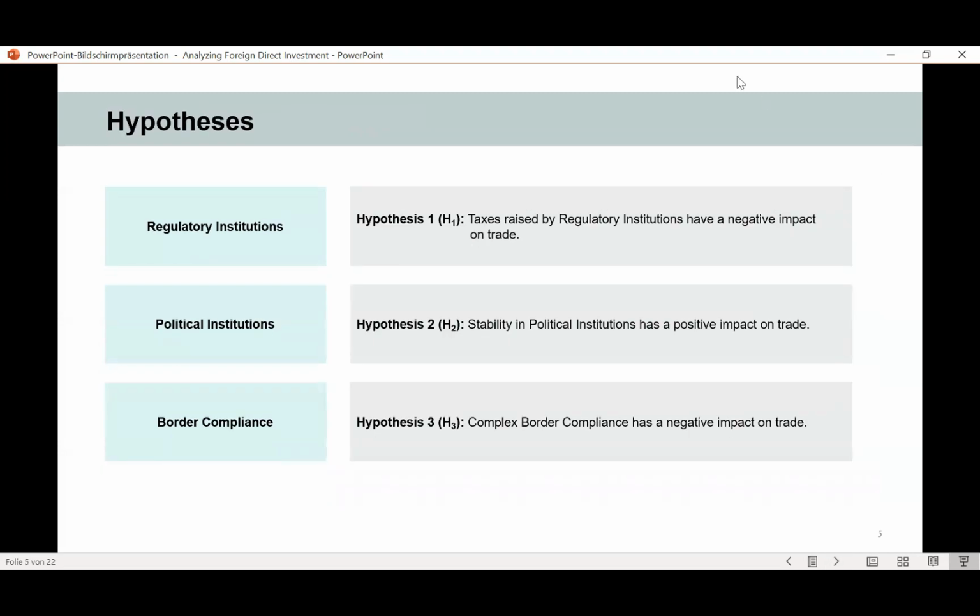So based on the theoretical implications, we derived 3 hypotheses. Our first hypothesis is taxes raised by regulatory institutions have a negative impact on trade. Our second hypothesis is stability in political institutions has a positive impact on trade. The last hypothesis we derived is complex border compliance has a negative impact on trade.